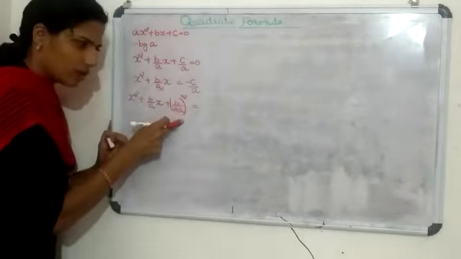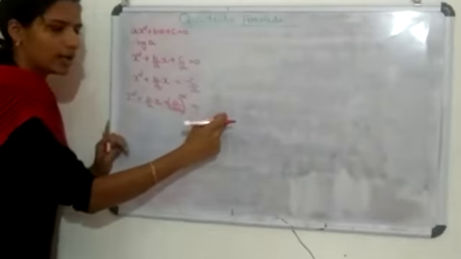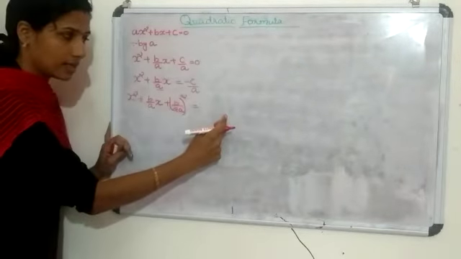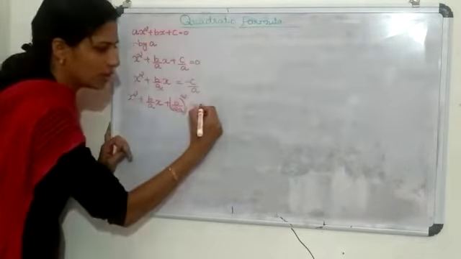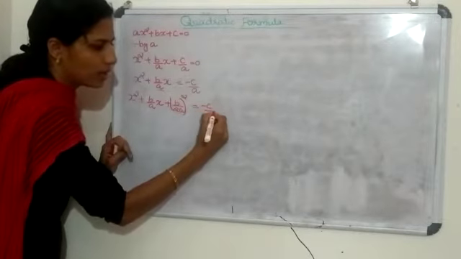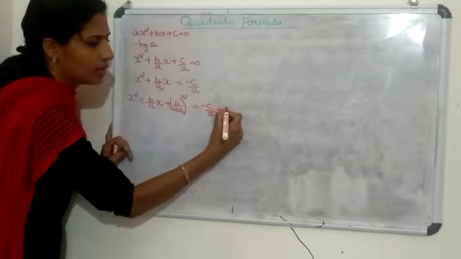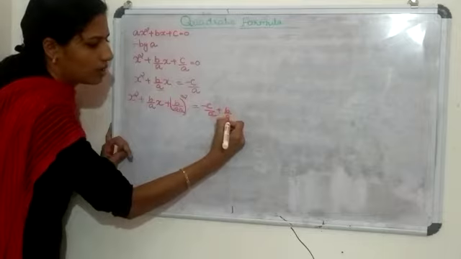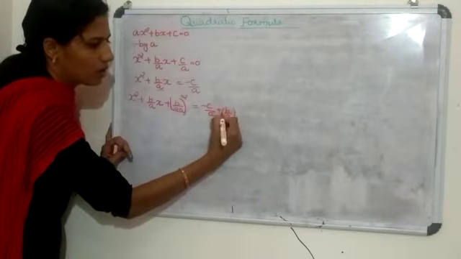When we add a new term, similarly we need to add the term on the RHS also, for balancing the equation. It will become c by a plus b by 2a whole square.